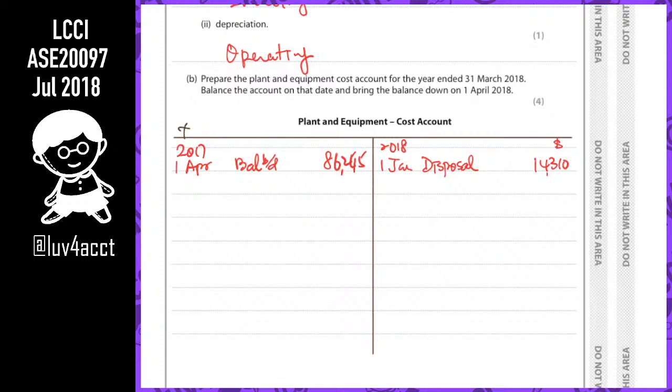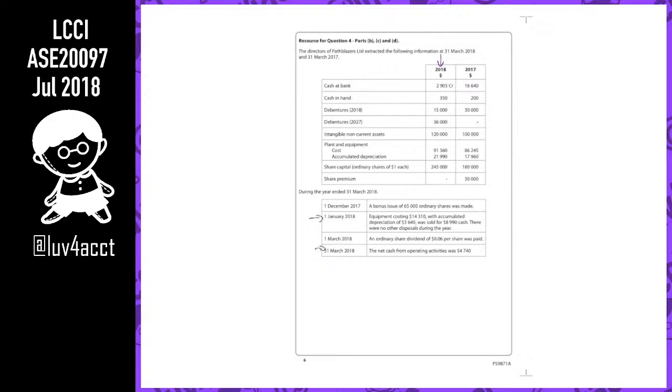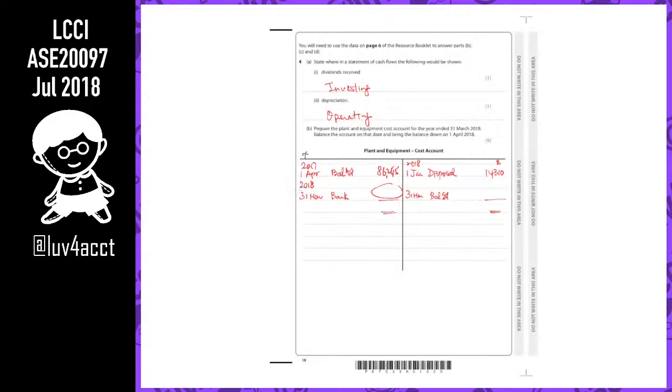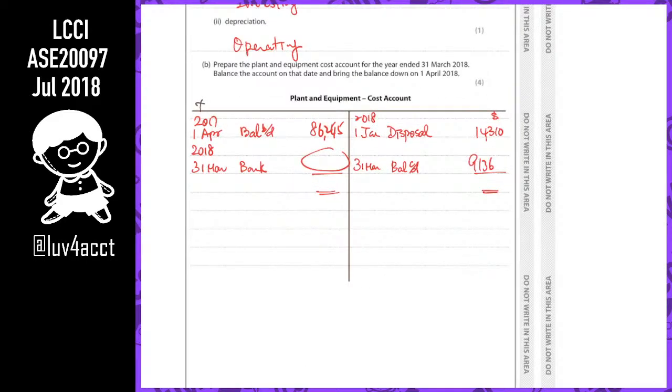And then we do not know when we purchased the non-current asset, so let us make it 31st, bank. And then also the closing balance. This amount we need to find. So closing balance 91360.